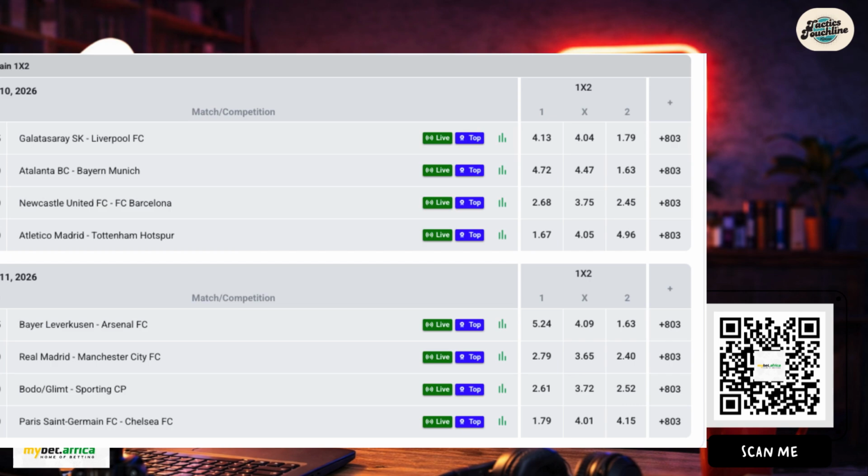Bayer Leverkusen against Arsenal, the odds are 5.24 and 1.63 for Arsenal. Real Madrid against Manchester City, Real Madrid is at 2.79, Manchester City is at 2.40. Bodo/Glimt against Sporting, Bodo/Glimt is at 2.61, Sporting is at 2.51. Paris Saint-Germain against Chelsea, Paris Saint-Germain is at 1.79 and Chelsea is at 4.15, in this particular order.